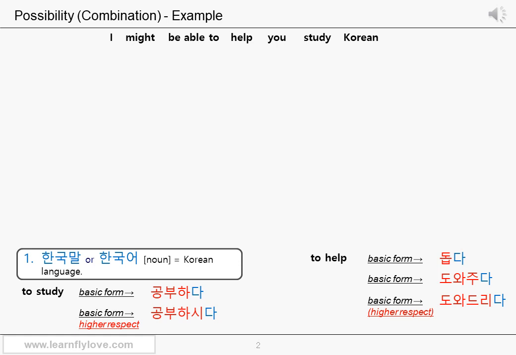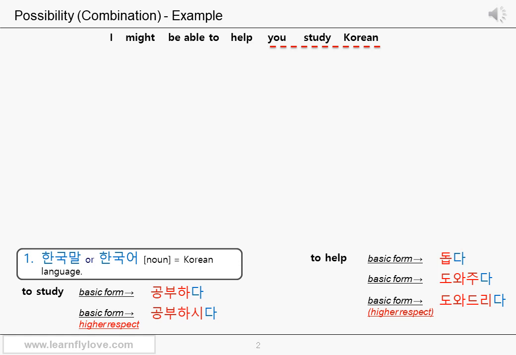Let's see the English sentence again. I might be able to help you study Korean. In this sentence, the entire you study Korean part is going to be used as an object of the verb help in Korean. You learned about this a long time ago when you started our main lesson. If you don't remember, please remember it now. It's very important because it's a little bit different structure from English.